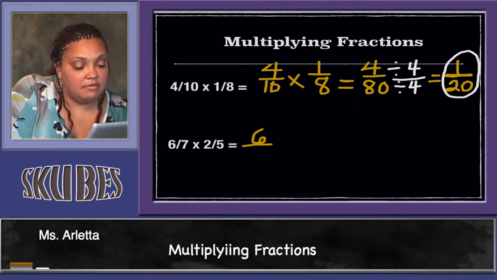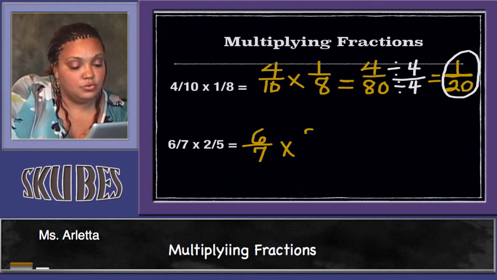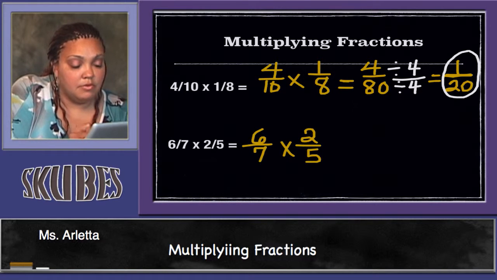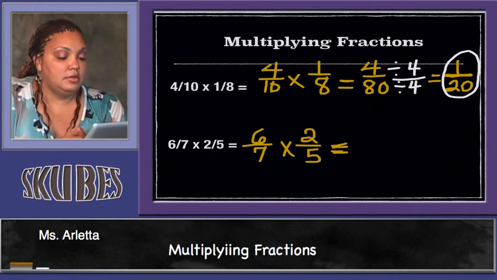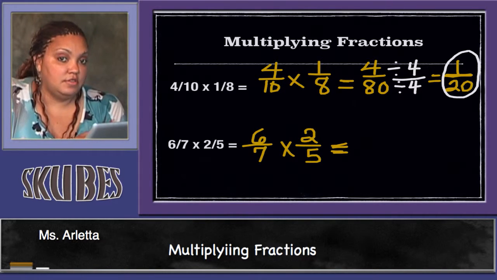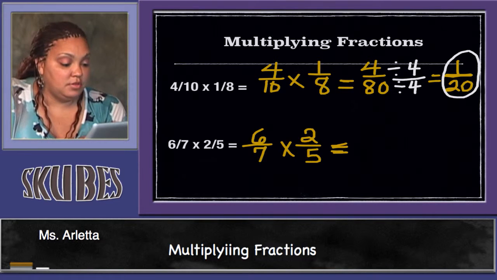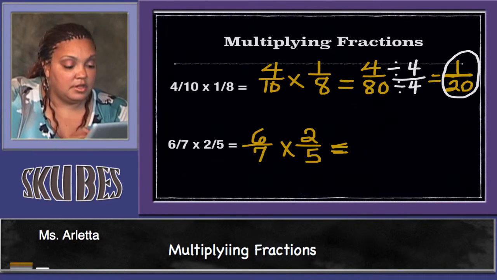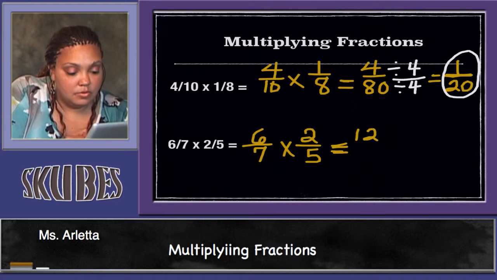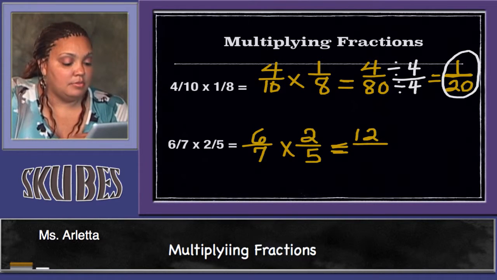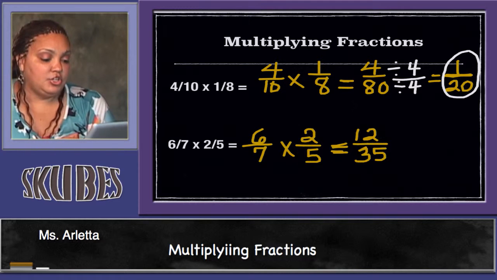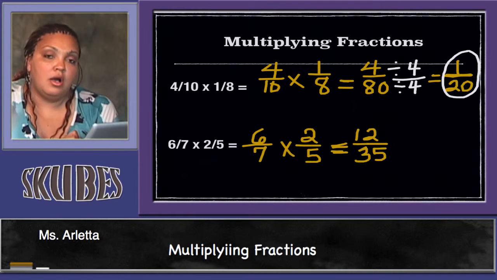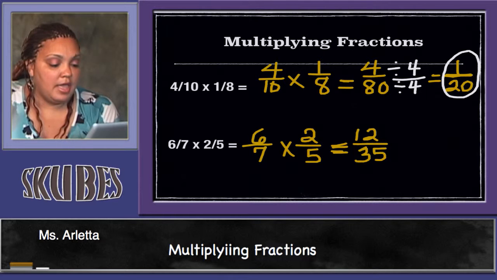6 over 7 times 2 over 5. We need to multiply our numerators, multiply our denominators, and check to see if the fraction needs to be simplified. 6 times 2 is 12. 7 times 5 is 35. Now ask yourself the question, is there a common factor between the 12 and the 35?